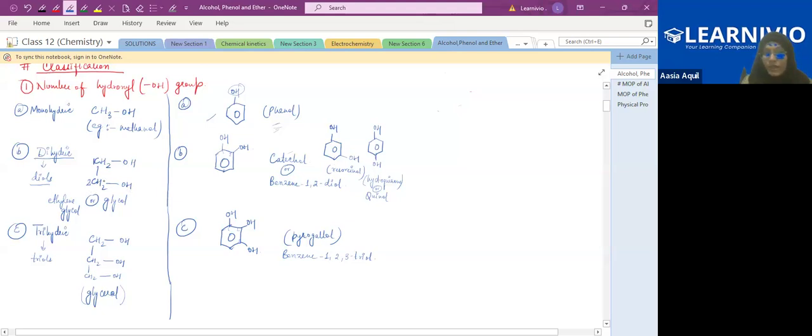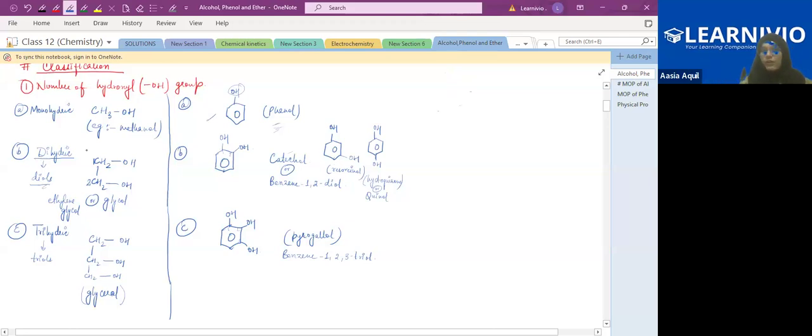In this arrangement, two hydroxyl groups are attached to the carbon chain, so this is a dihydric alcohol or dihydric phenol.